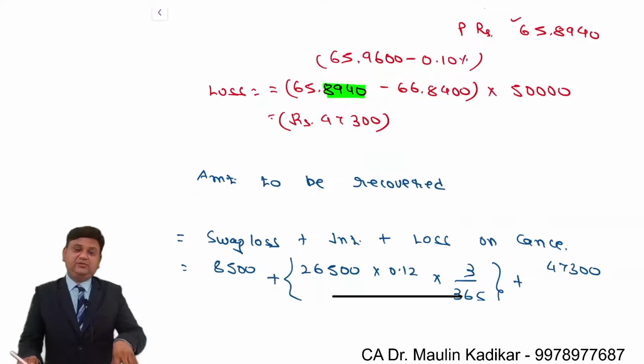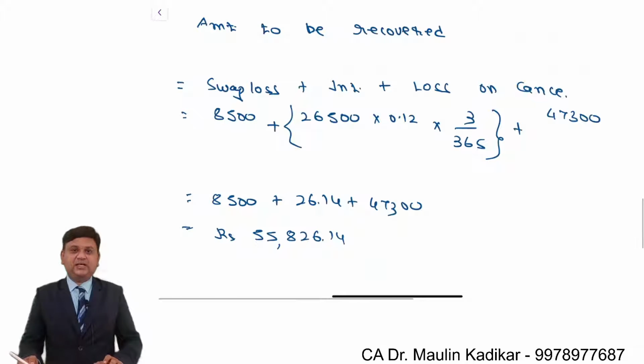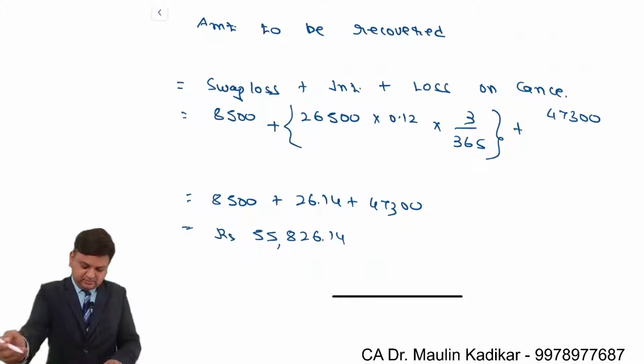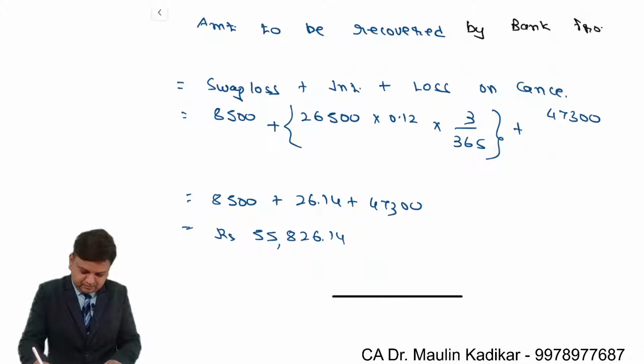That instruction they have taken over here as implied, and accordingly the suggested answer is provided by them. But in the question there is no clarity. That is the reason I have not done in multiple of 0.0025. Finally, this is the amount to be recovered by bank from customer.